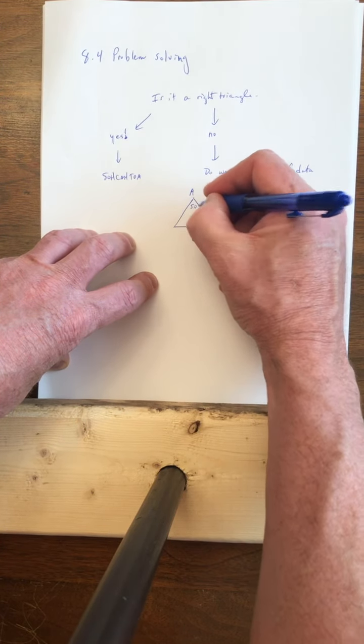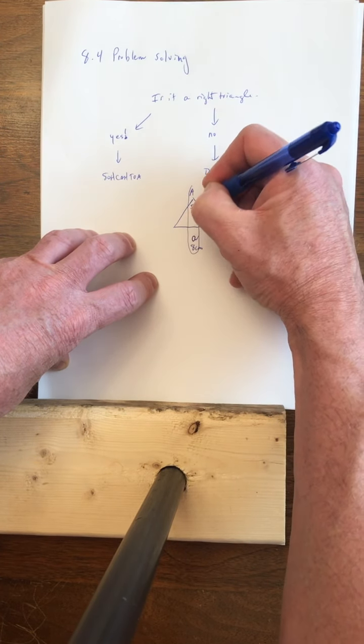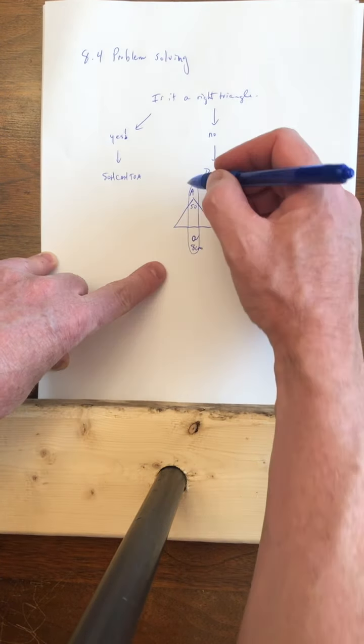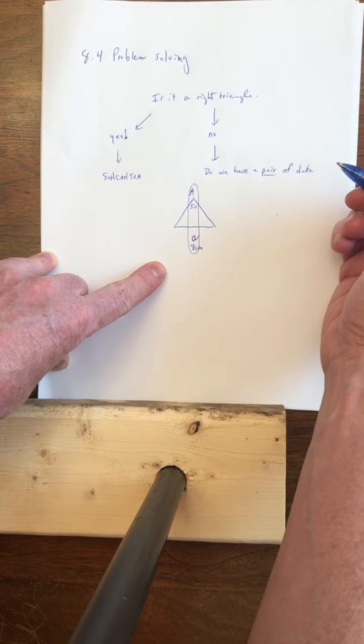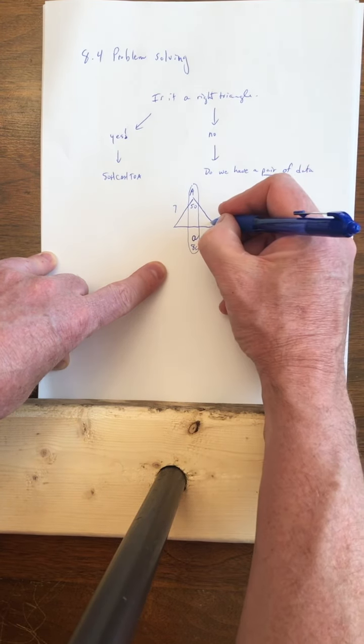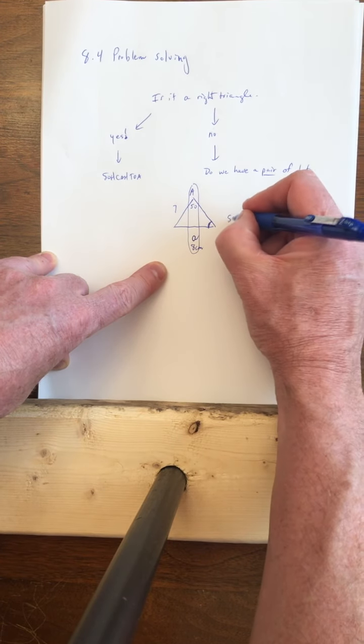So if this is 50 and this is 8 centimeters, when you have both the angle and the opposite side, that's a pair. So if we have that, and let's say another side, then we can solve for this angle. So that would be the sine law.